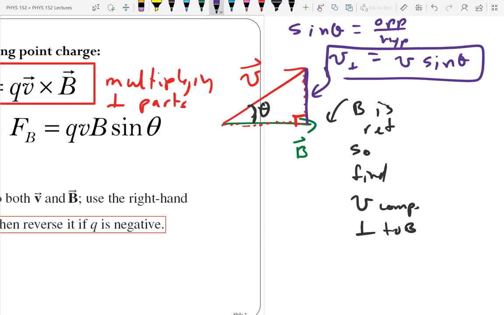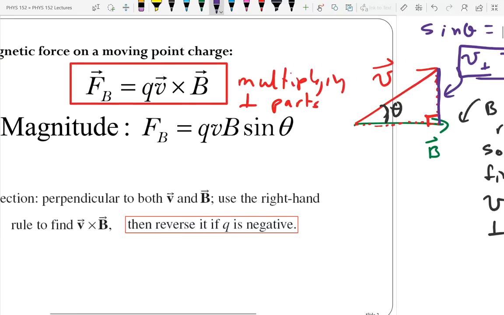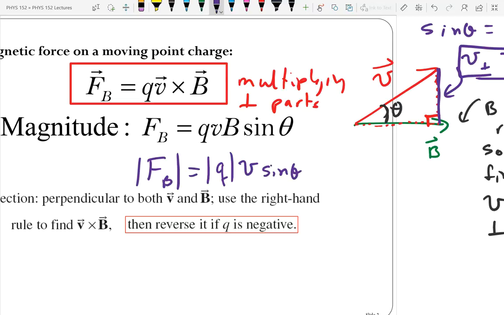So there's my V perpendicular. And so the magnitude of the force is going to be the magnitude of the charge times V sine theta times the magnitude of the magnetic field. And of course, just to be consistent, I should put magnitude on the V as well. So that's how we find the magnitude of the force.